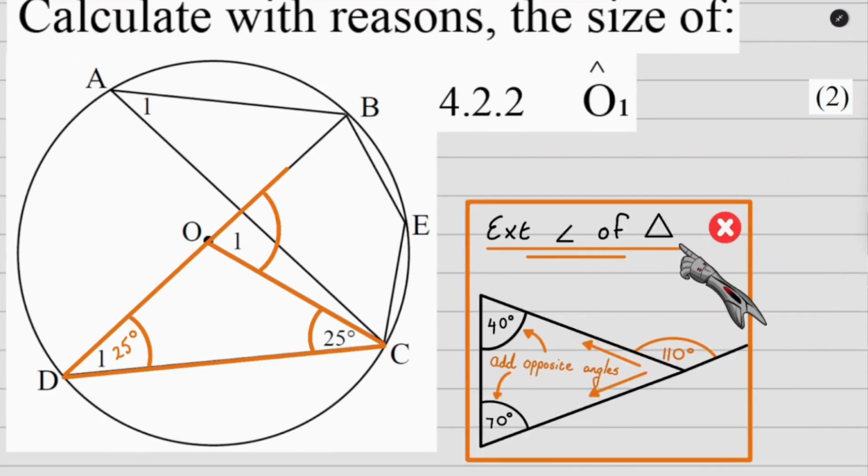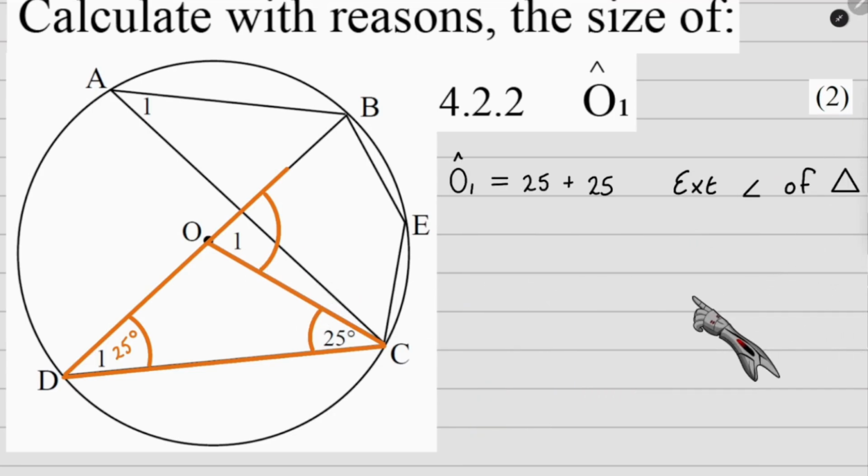Exterior angle of triangle. And how it works is to get the exterior angle, you go to the opposite interior angles and you add them together and it gives you this exterior one. So applied in the context of this question, the opposite two angles are these 25s. So I add those together to get O1. And let's quickly go through how we're going to write that up.